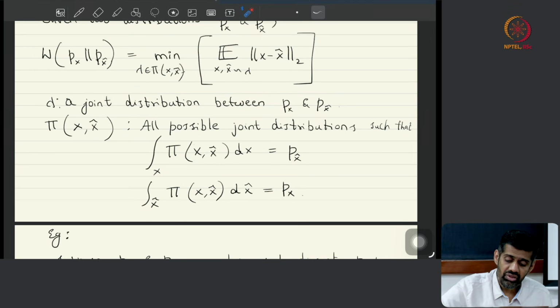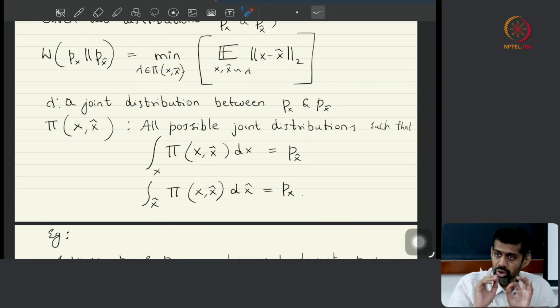The search space over which you solve this optimization problem is all possible joint distributions, but it is not completely open: the marginal over one random variable has to be one distribution that we are considering for the distance metric, and the marginal over the other random variable has to be the other distribution. Consider all possible joint distributions between those two random variables, but not unconstrained ones.